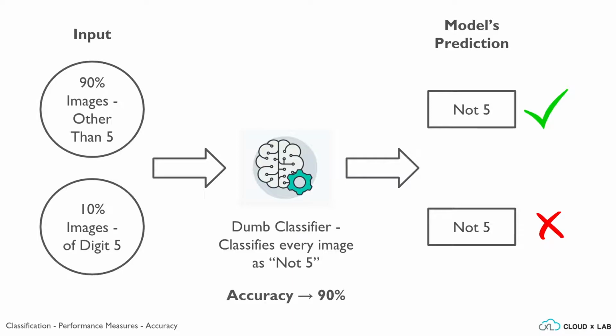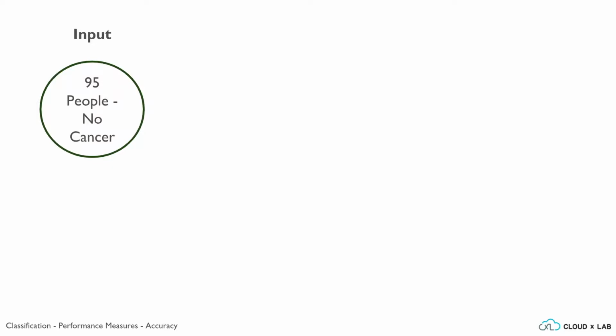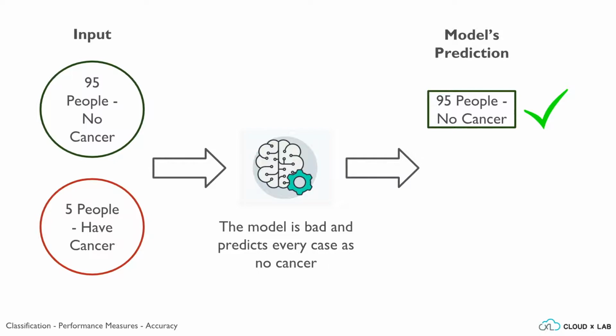Let's see one more example. Let's say we have to build a model which predicts if someone has cancer or not. We have 100 people, out of which 95 people do not have cancer. 5 people have cancer. Say the model is very bad and predicts every case as no cancer. In such case, it will classify 95 non-cancerous people correctly, but 5 cancerous patients as non-cancerous.